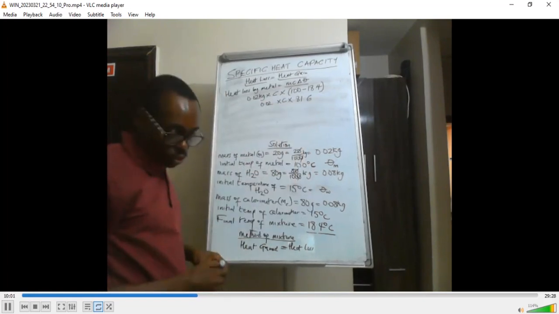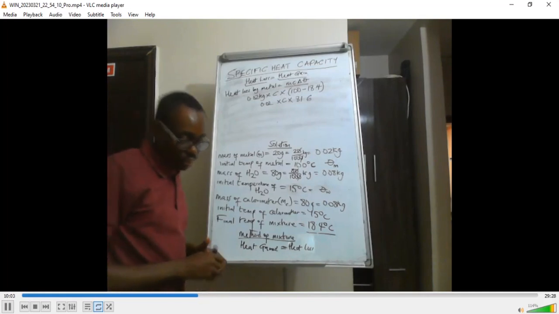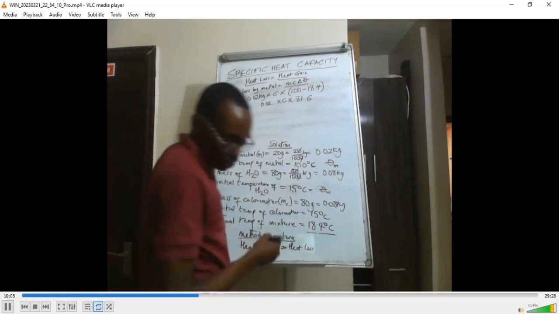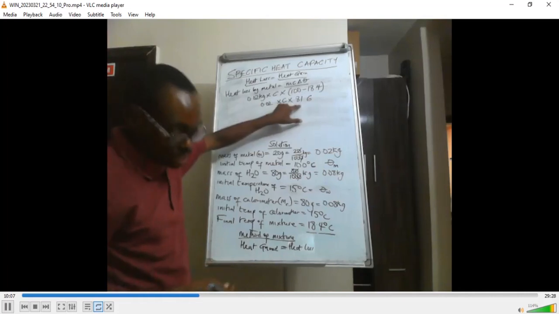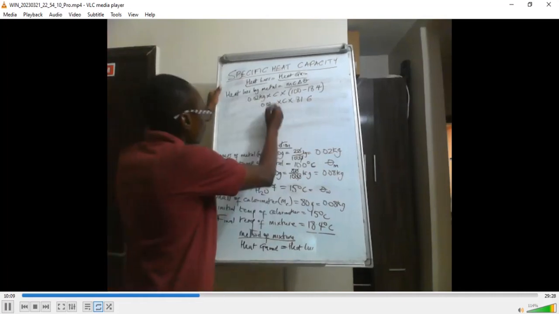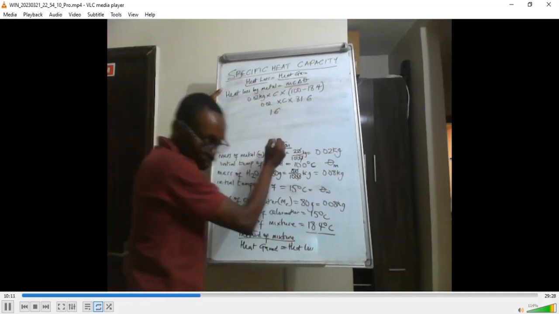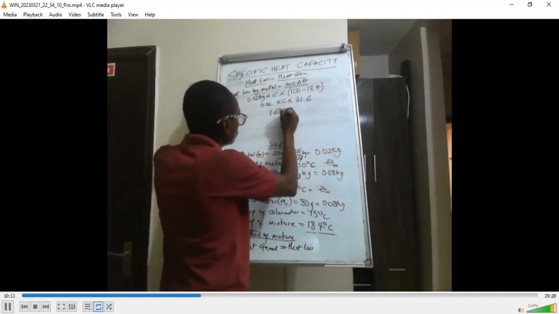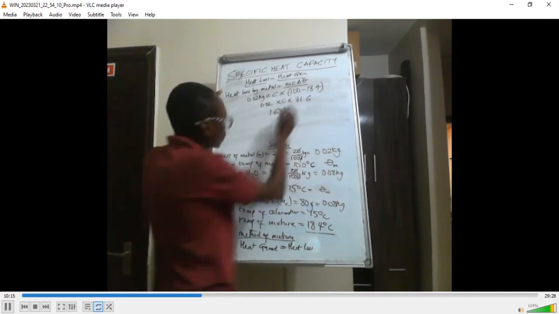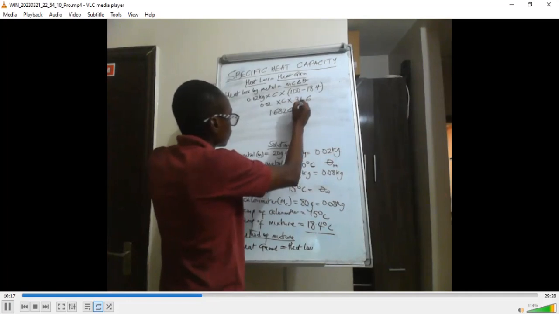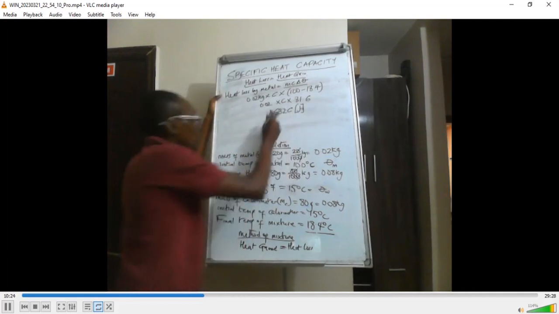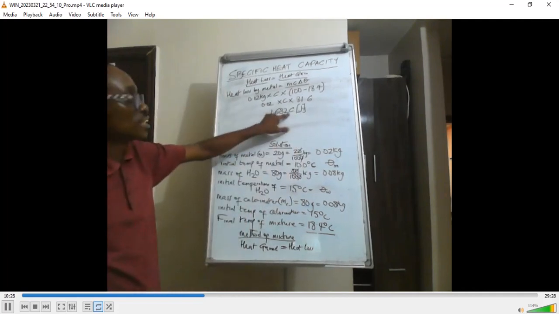When we multiply 0.02 times 81.6, we land at 1.632 c. This is in joules.